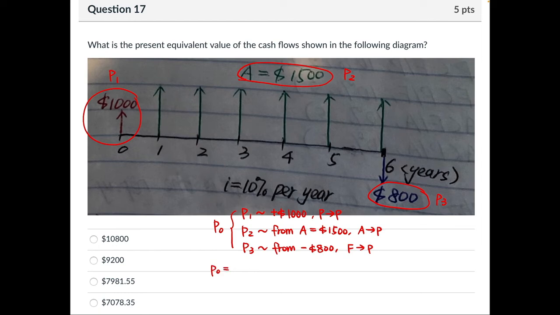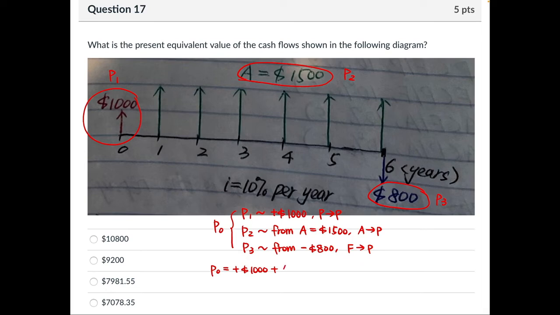So first, P1 is already a present worth, so you don't have to convert. So just write it down, it's positive 1000. And plus, annuity is also, in this diagram, a positive cash flow, so it's positive. And you need to convert the annuity to the present worth.